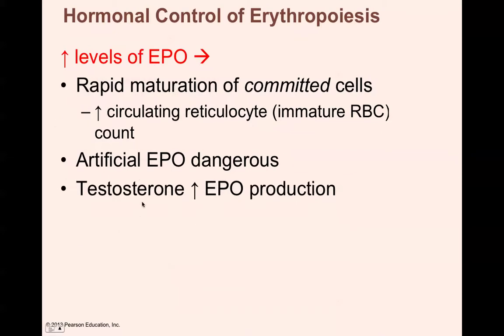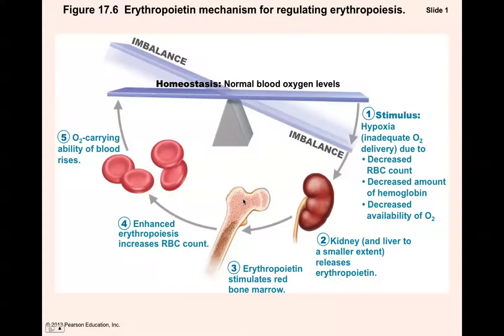Also, testosterone, that sex hormone, the predominant sex hormone in males, will increase erythropoietin production as well. So this is showing the teeter-totter figure, which generally represents maintenance of homeostasis, which we talked about during A&P 1. Here this is representing normal blood oxygen levels when it's in balance.